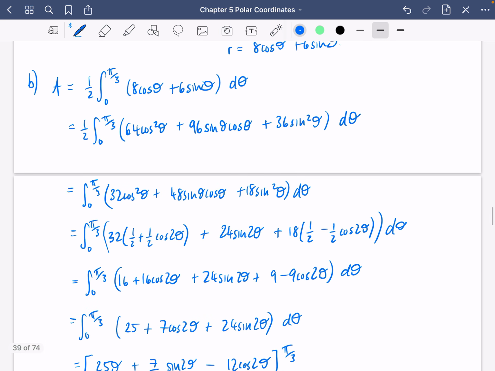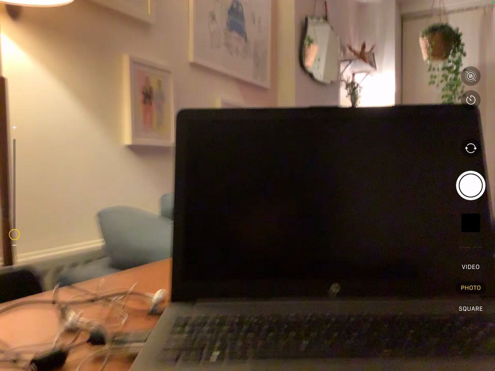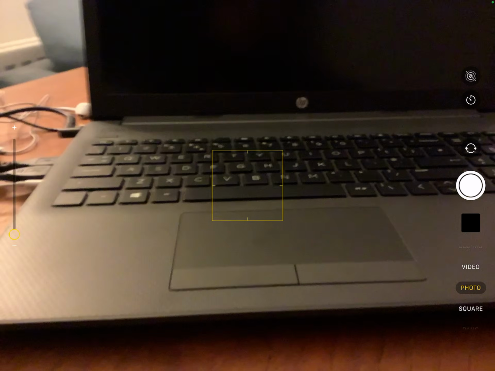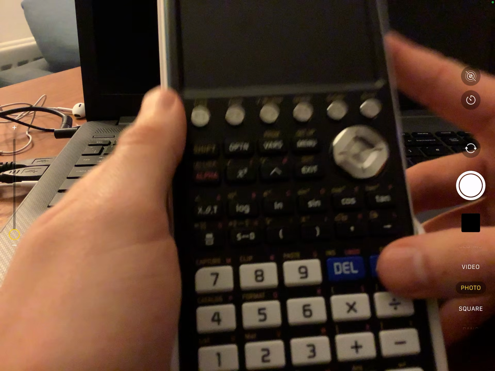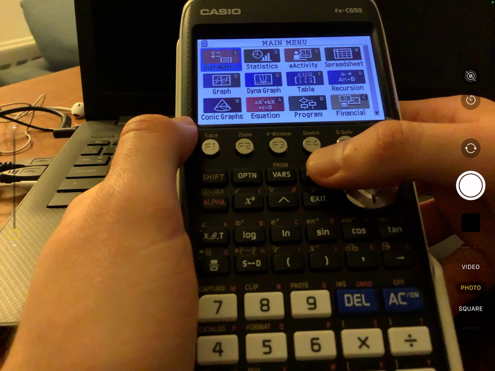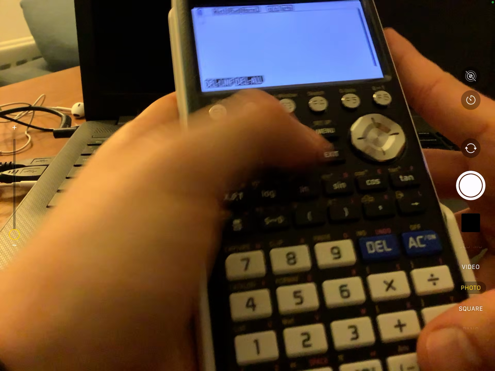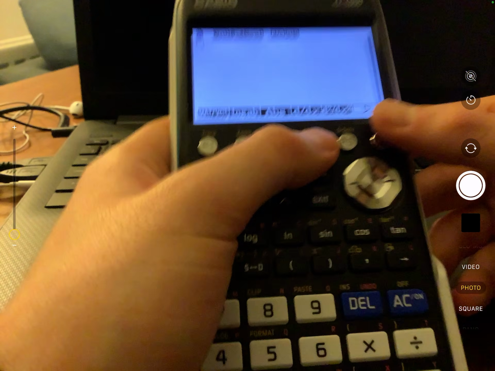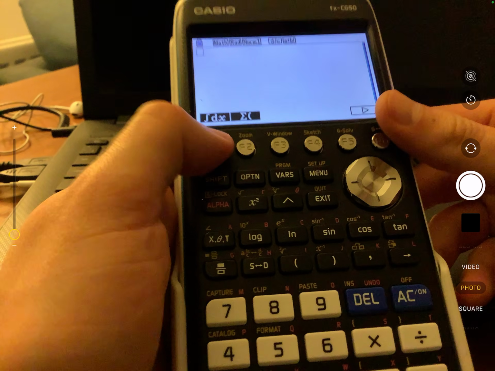Okay, and so you can actually check this. What I'm going to really quickly do is show you how you can check this using your calculator. Let me just quickly go to the camera so I can show you this. Okay, so when you go to your calculator, you go to menu, then math, scroll across and put in the integration.